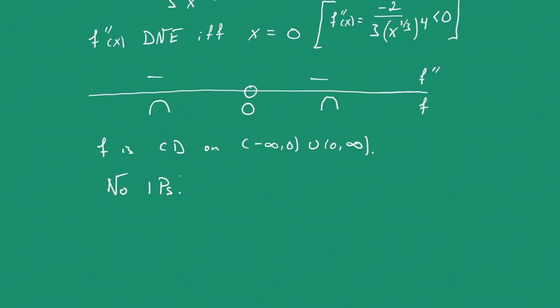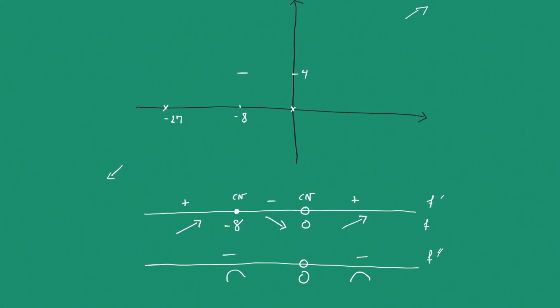Okay, so everything that we needed to say, we've now said. Now let's finish the sketch of our function. Finally, we just need to put all of our information on our graph. Well, we already put a lot of information on our graph right here. Here are my x-intercepts at -27 and at 0. We knew we were going to have a local max at -8 and a horizontal tangent, a local min at 0 and no horizontal tangent.